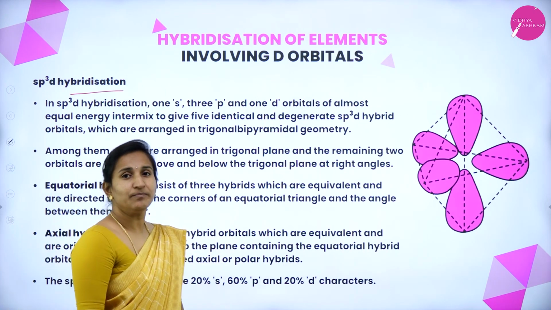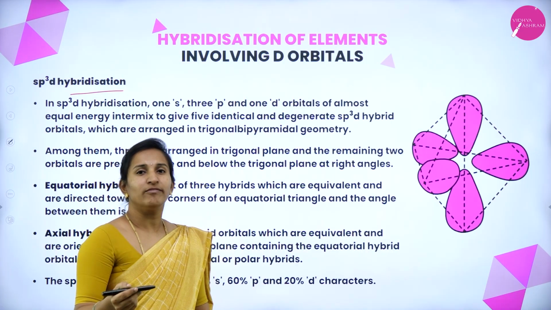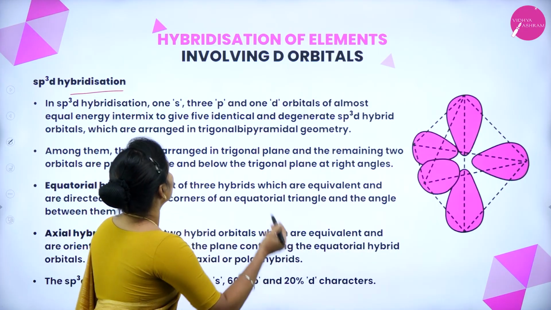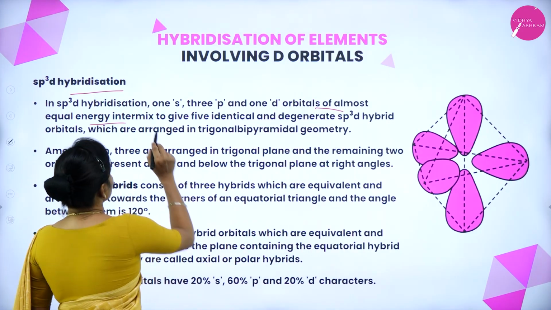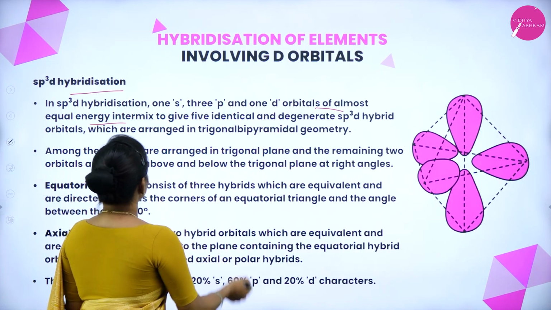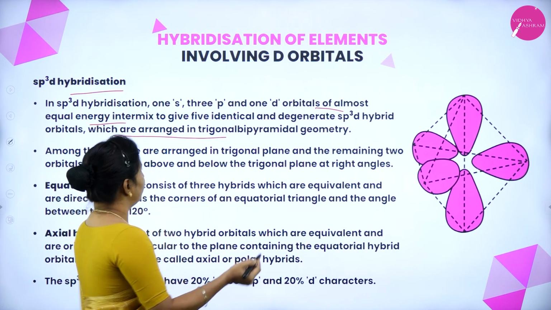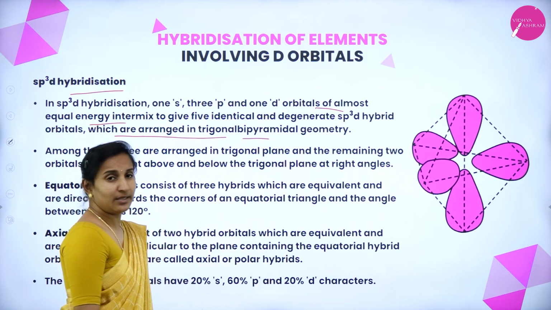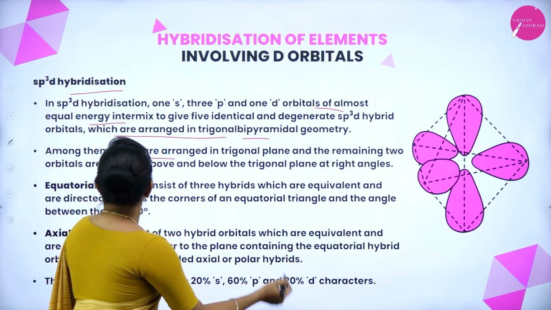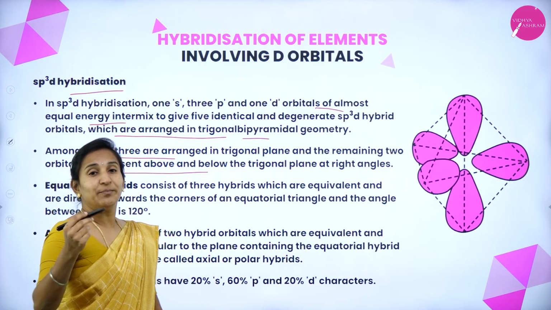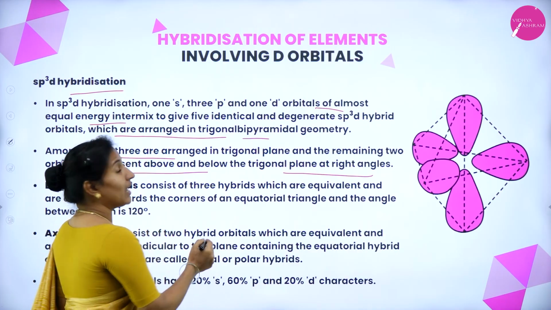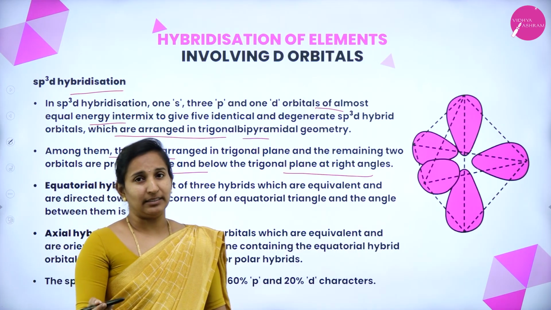sp3d hybridization. Here the intermixing of atomic orbitals, one s orbital, three p orbitals and one d orbital of almost equal energy, gives sp3d hybridized orbitals, which are arranged in trigonal bipyramidal geometry. Among them, three are arranged in trigonal planar and the remaining two orbitals above and below the plane are at right angles, that means they show a 90 degree bond angle.